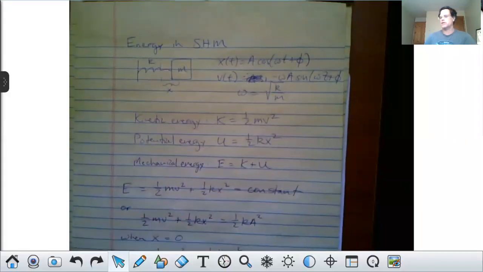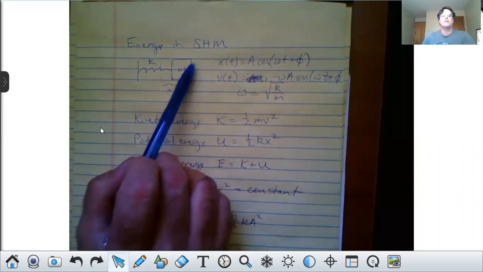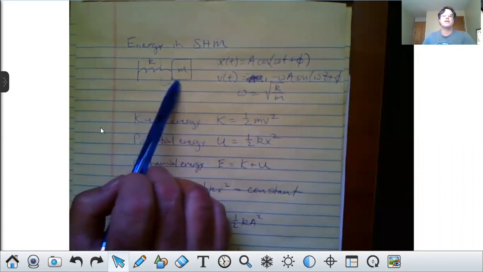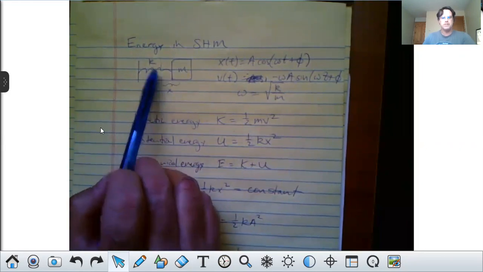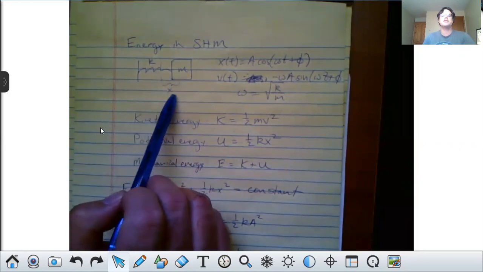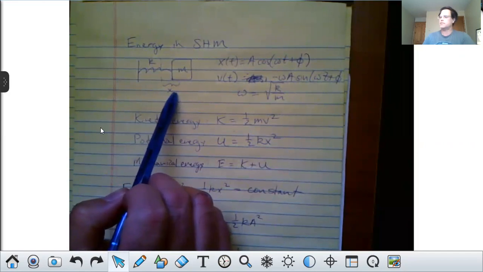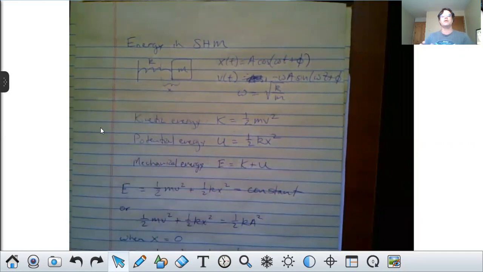But first of all, let's talk about energy in simple harmonic motion, or SHM, related to the mass connected to the spring that we've already talked about. So again, k is the spring constant, m is the mass, x is the distance or displacement from the equilibrium.